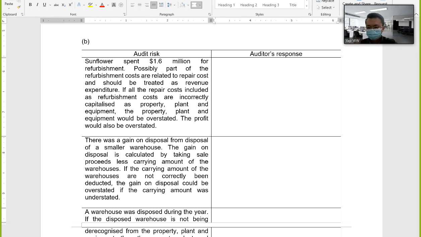So your auditor response is you have to obtain a breakdown of all the capitalized costs. Okay. Breakdown of the capitalized cost for additions during the year.